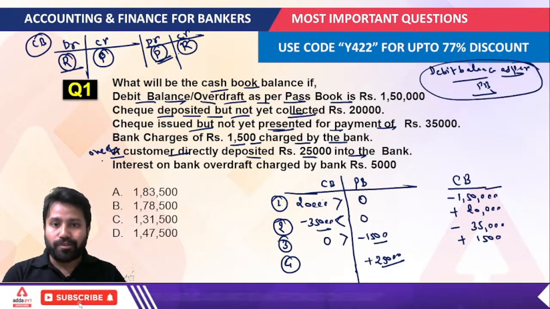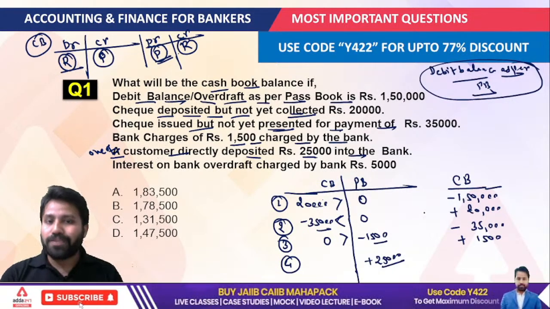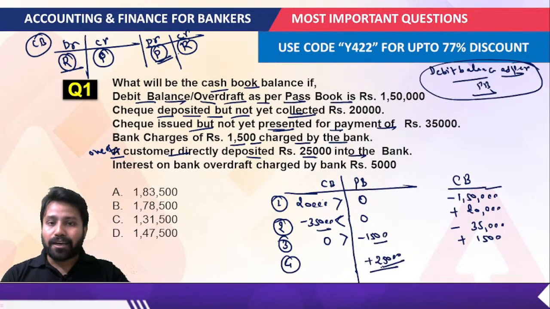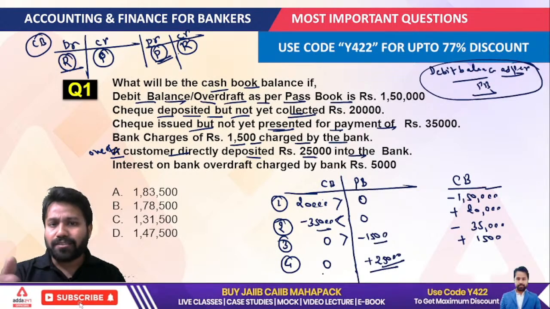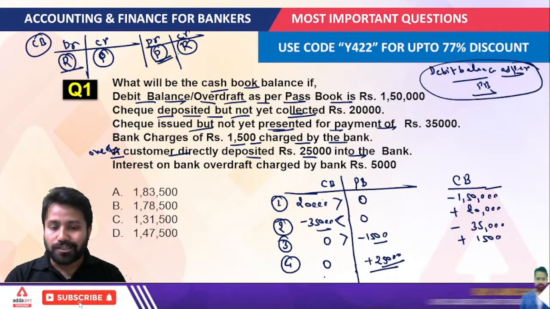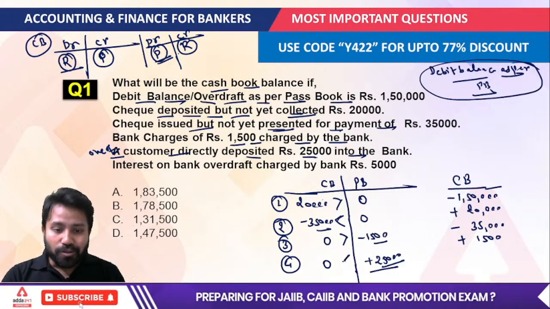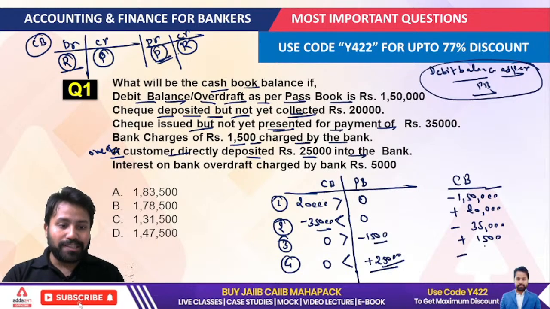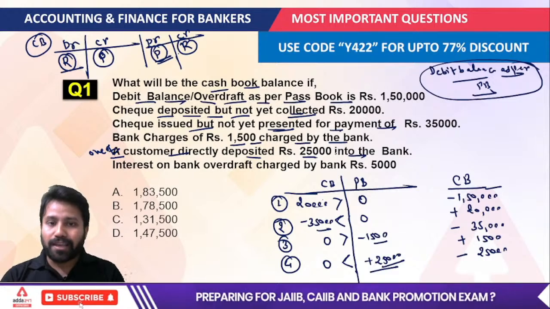One of the customers directly deposited the 25,000 rupees into the bank, so the firm manager is not aware of this transaction. So for this also, your cash book balance would be lesser than the passbook balance. So now you will write here minus 25,000. I hope it is clear for everyone.